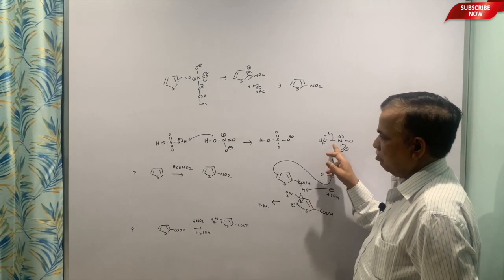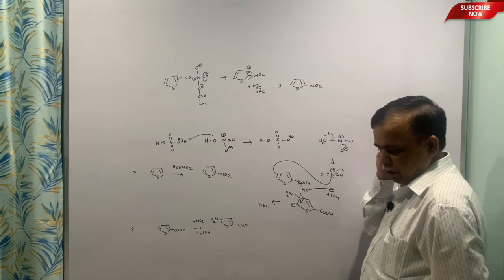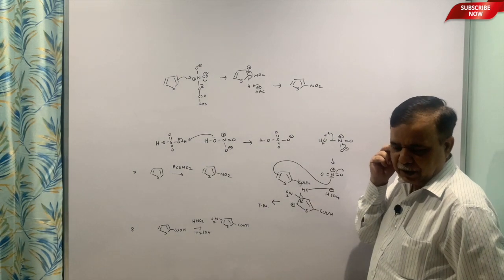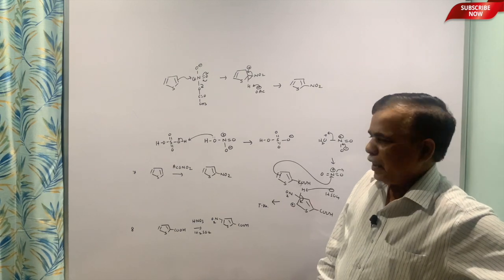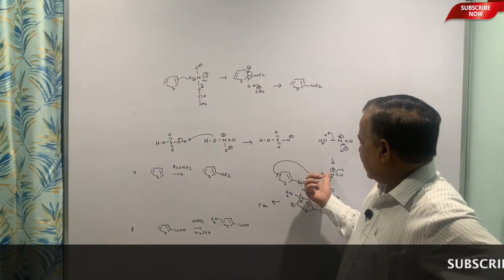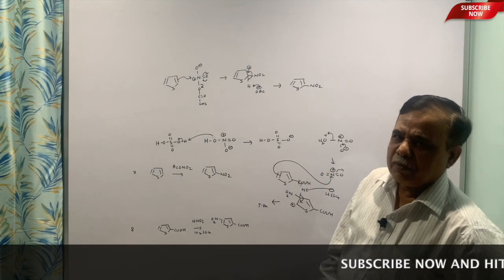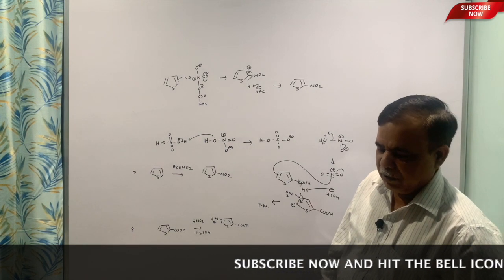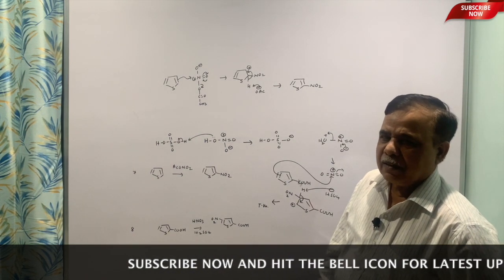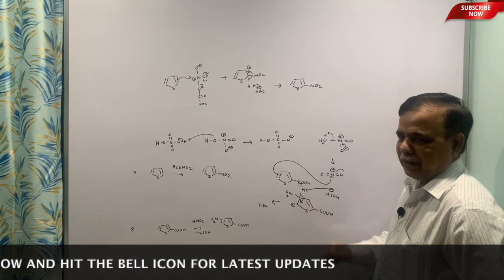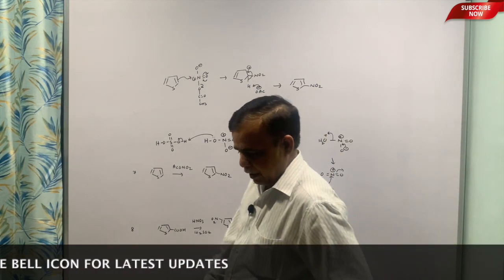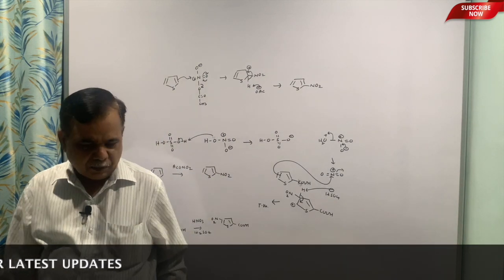The formation of nitronium ion, we know that it is evidenced by factors like this: it is a linear triatomic molecule which can give lines in the Raman spectrum. This is Raman active, not IR active, because this is linear triatomic, the dipole moment is 0.